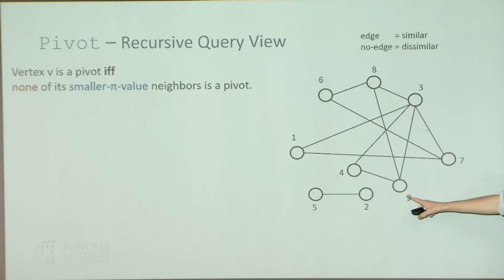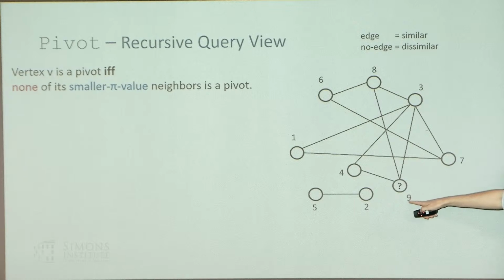Say that I want to ask what is the cluster, who is clustered with vertex 9. I only want to learn about 9, right? So how can I do that? Well, I look at 9. I know that the vertices are visited with respect to these ranks, or pi values. I'm going to look at the smallest.